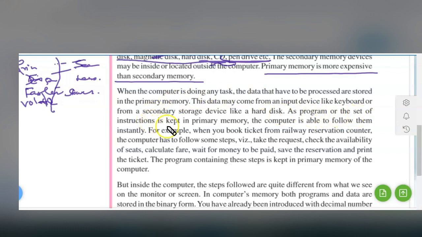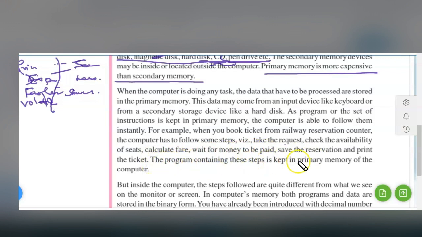With a program or set of instructions kept in primary memory, the computer is able to follow them instantly. For example, when you book a ticket at a railway reservation counter, the computer has to follow some steps: take the request from the user, check the availability of seats, calculate the fare, wait for the money to be paid, save the reservation and print the ticket.